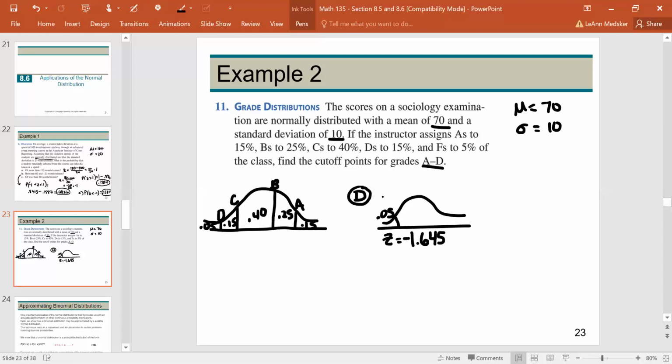So to go ahead and find the cut score, what actual grade did a student make to get a D? What we do is we use our formula for z-score, except we actually know the z-score. It's negative 1.645. We don't know what they scored on the test, so our item is going to be like X. We know the mean is 70, and we know the standard deviation is 10. So we're going to be solving this backwards.